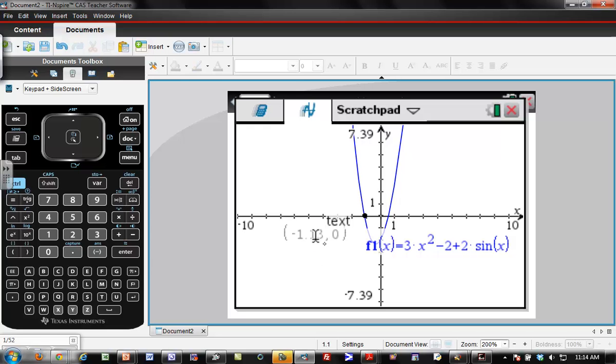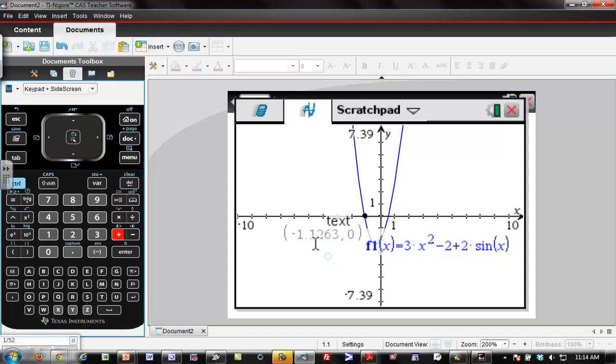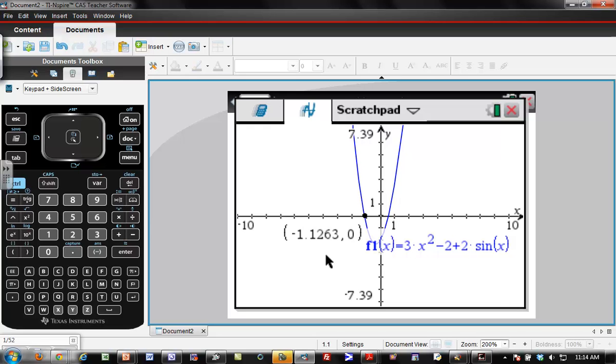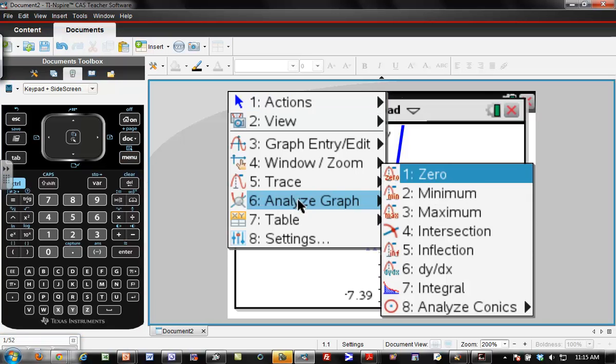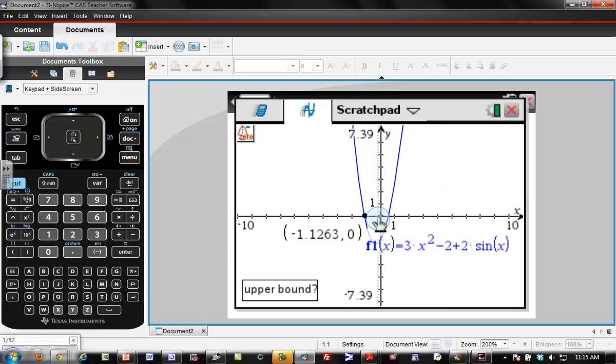That is not enough numbers of accuracy. So I'm going to select it and hit the plus button. And there we go. There we have our 3 decimal places. I'm going to do the same thing again. Menu, analyze, find a 0, lower bound, upper bound. And there is that other 0 that we're needing.